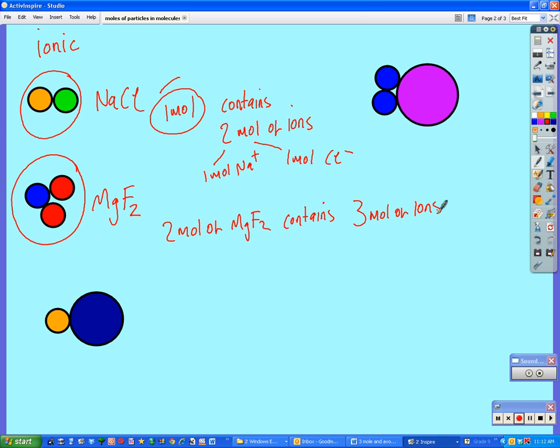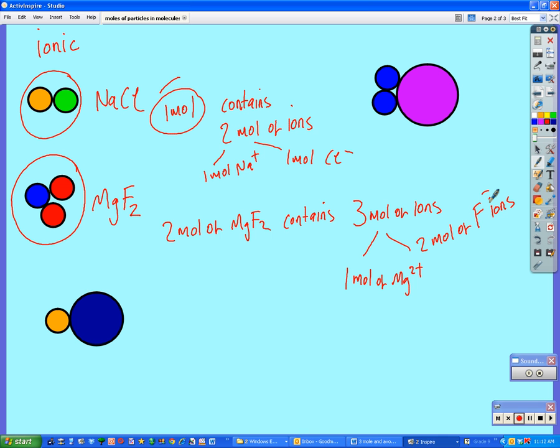Well, it's made up of 1 mole of magnesium 2+ ions, and it contains 2 moles of fluoride ions. 3 moles in total.